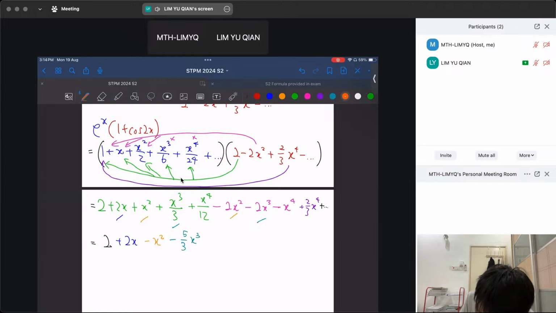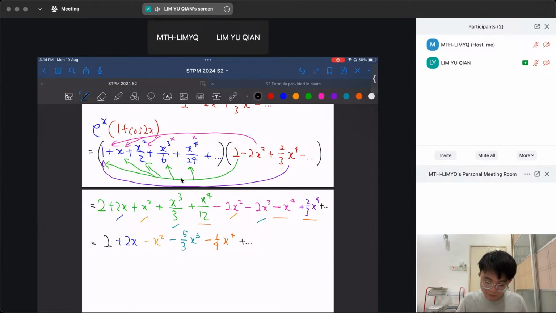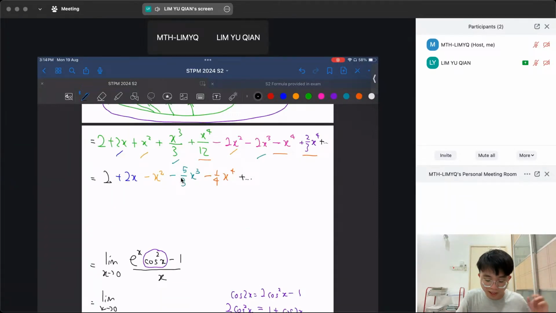And then the last one, 4th term: 1 over 12 minus 1 plus 2 over 3, negative 1 over 4 x power 4, and then plus dot dot dot. Whatever it is, minus or not, just put plus dot dot dot, that is easier.